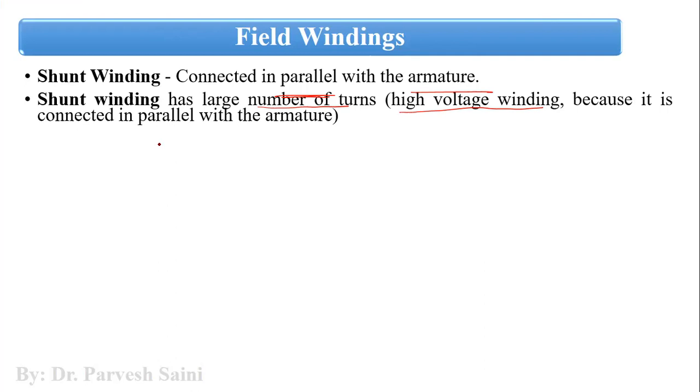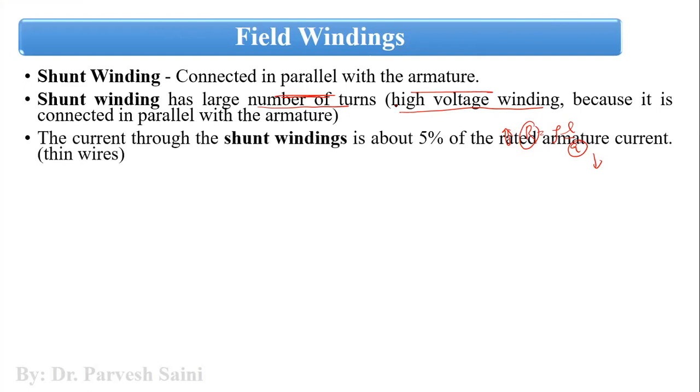They have constant speed, right? So the voltage will be high across the winding, the resistance will be high, and the wire used to form the winding will be thin, because R is equal to rho L by A. So if R is high, the area of cross section is low, right? Okay, so that means thin wires are used to make the shunt winding.